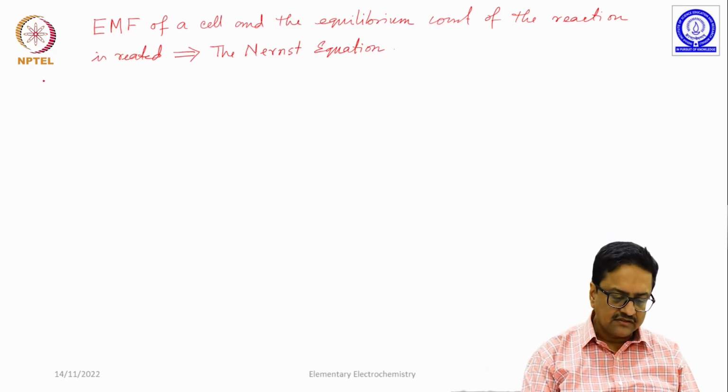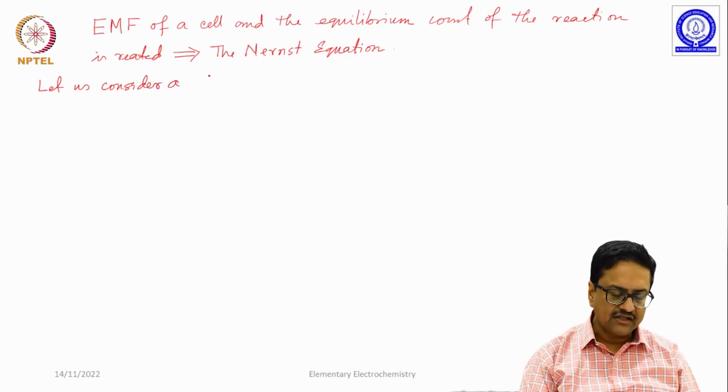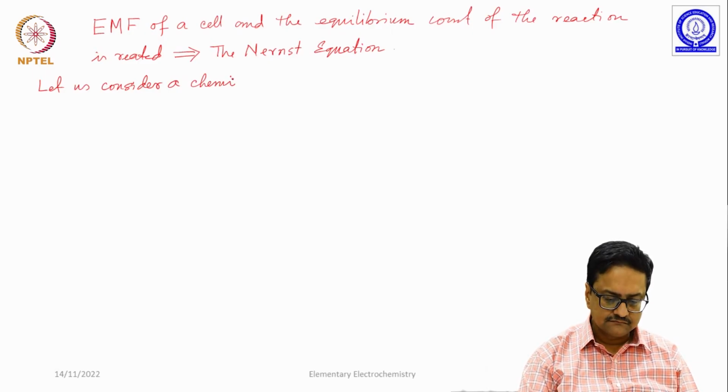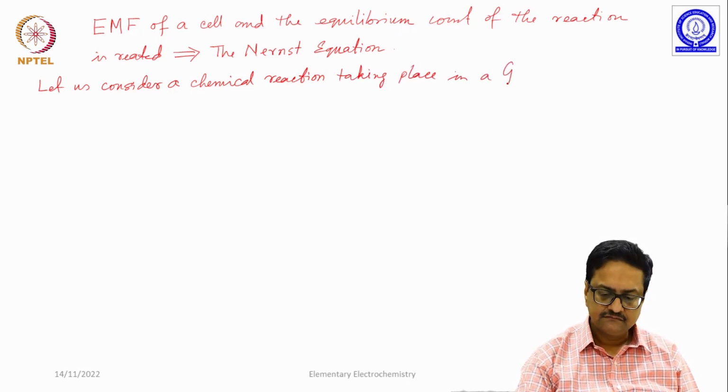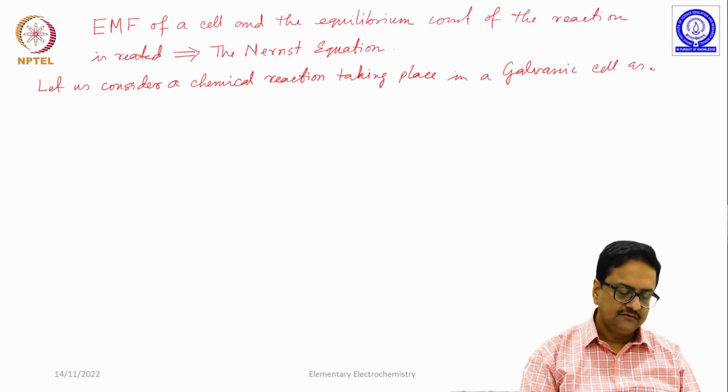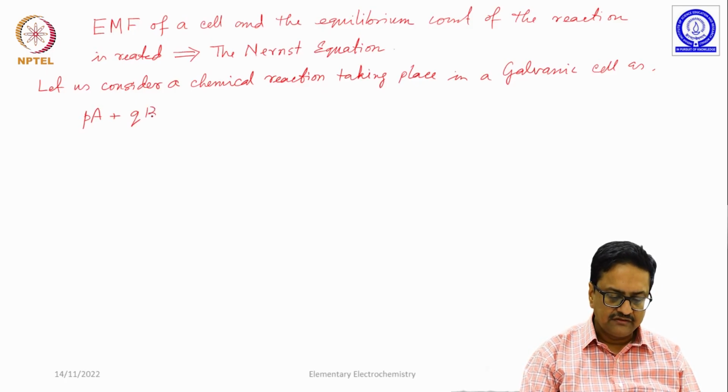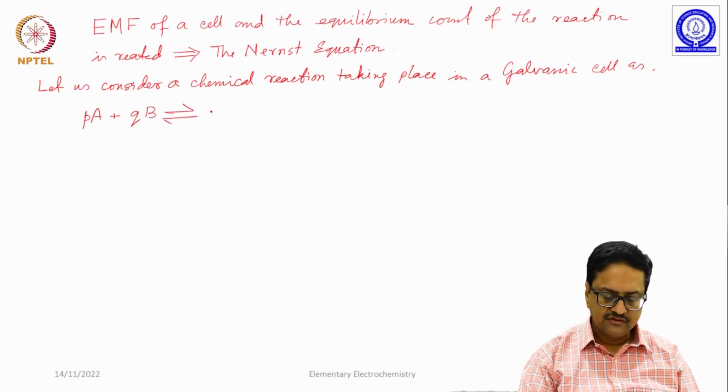So, to start with, let us consider a chemical reaction taking place in a galvanic cell: pA plus qB is in equilibrium with rC plus sD.